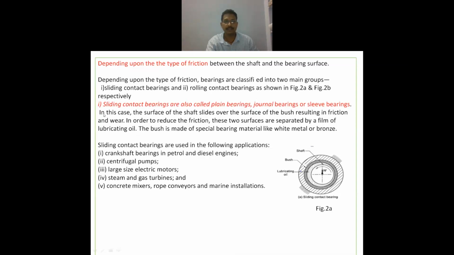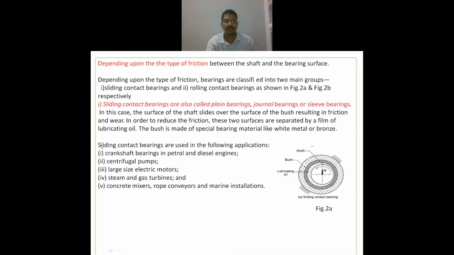In this case, the surface of the shaft slides over the surface of the bush, resulting in friction and wear. In order to reduce the friction, these two surfaces are separated by a film of lubricating oil. The bush is made of special bearing material like white metal or bronze. Here you can find the shaft rotating inside the bush, and between them you can find the lubricating oil, which is intended to reduce the friction between the surfaces.